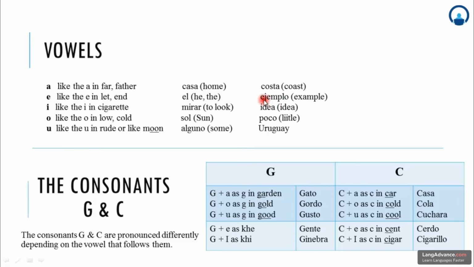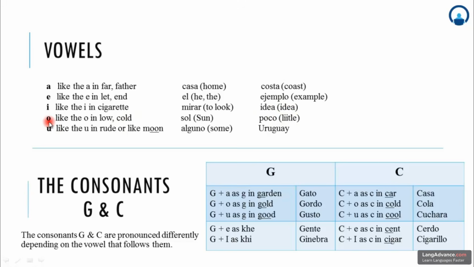Next, the alphabet I in Spanish is pronounced as E, just as in the word cigarette. The words are mirar, that means to look, and another word for example is idea, that means idea.